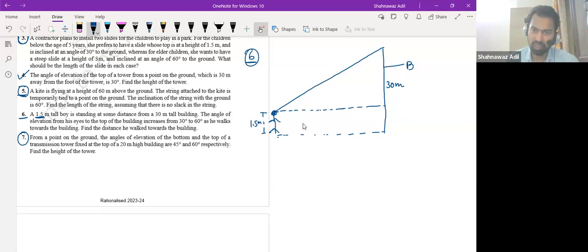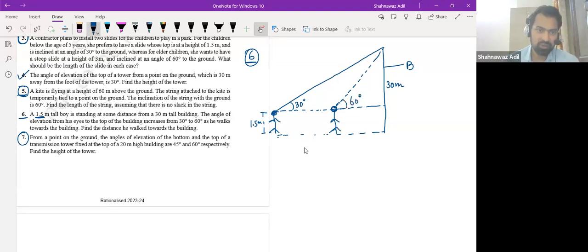The angle of elevation from his eyes to the top of the building increases from 30. So he is walking. This is 30 and now he is coming closer to the building. So will the angle decrease or increase, guys? The angle will increase, right? Good. So this will increase and become 60.